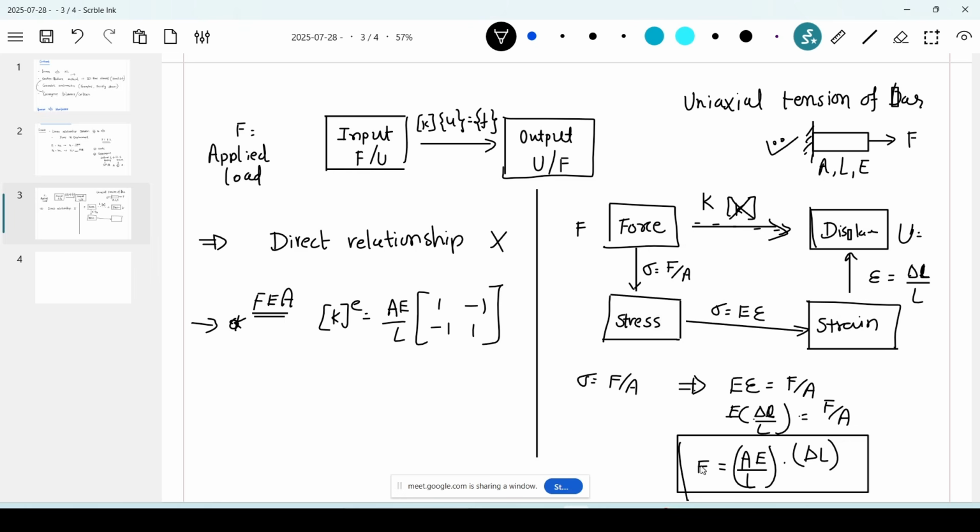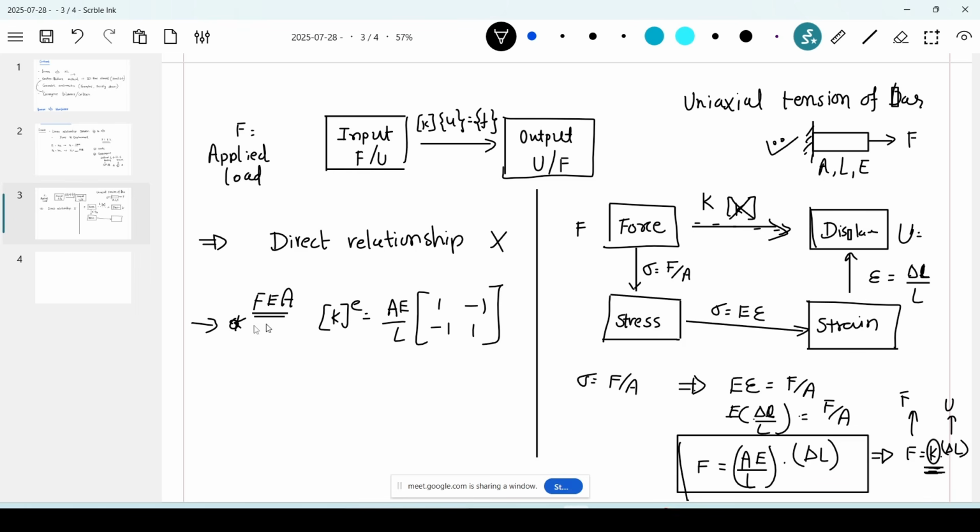Here F is equal to K into x, or delta L. So this is U, and this is F. There is no direct relationship shown, but in the background there are calculations with stresses and strains; this consists of the stress-strain relationship and the strain-displacement relationship. So let's talk about this in FEA.